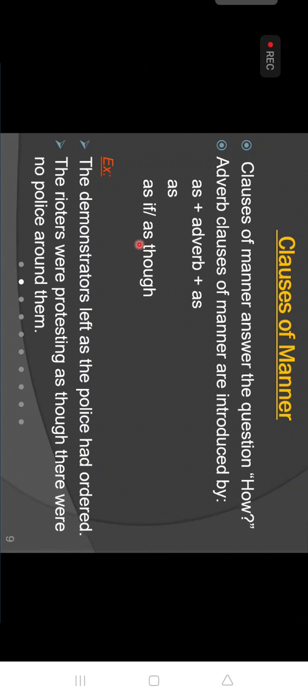This is about the adverb of manner. So what you have to remember are the conjunctions that we use in different kinds of adverb: adverb of time, adverb of place, adverb of manner, okay.